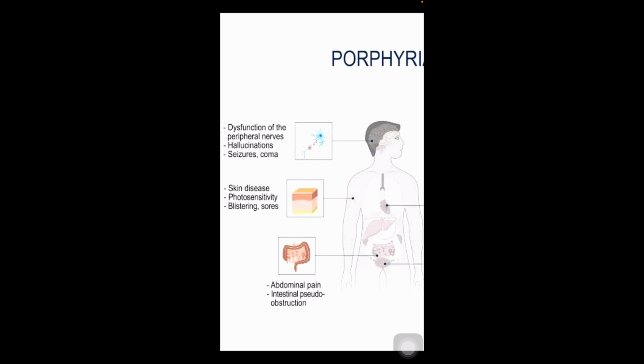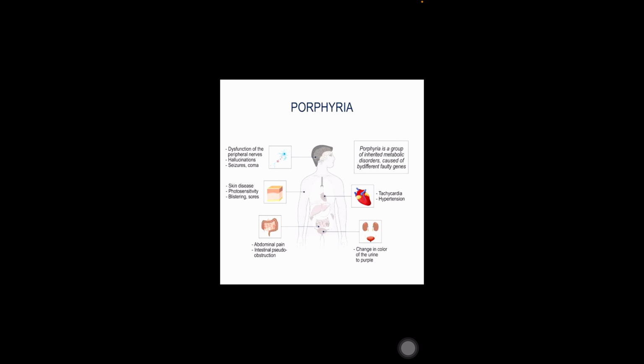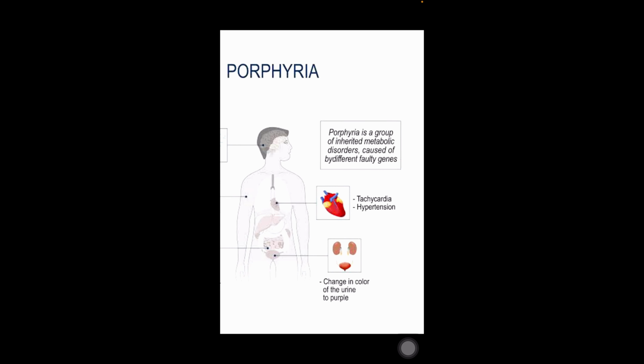Conclusively, porphyria, dysfunction of the peripheral nerves, also hallucination, seizures, coma, skin diseases, photosensitivity, blistering sores, okay, abdominal pain, intestinal pseudo obstruction, okay? All right, so take notice of the tachycardia, of course, and hypertension, also changing color of urine.